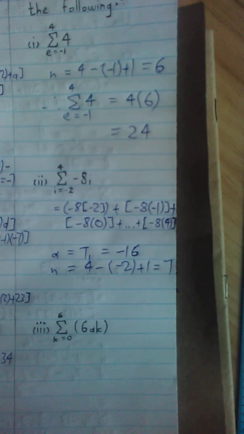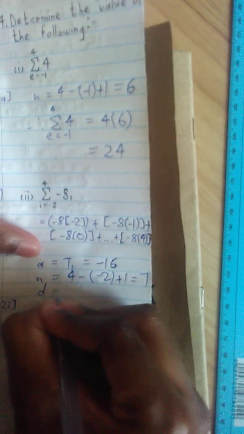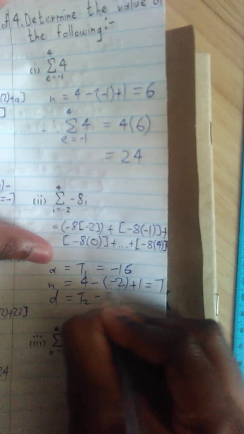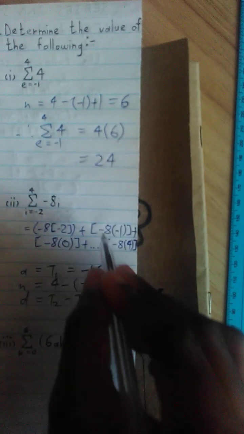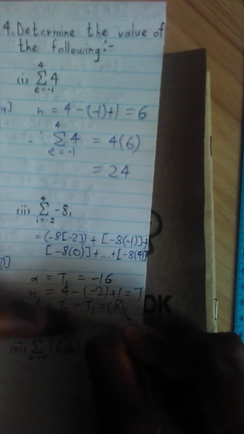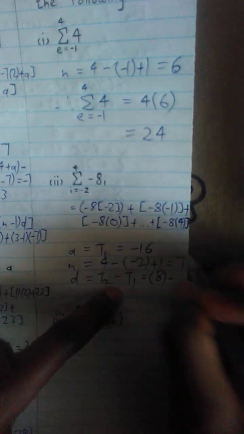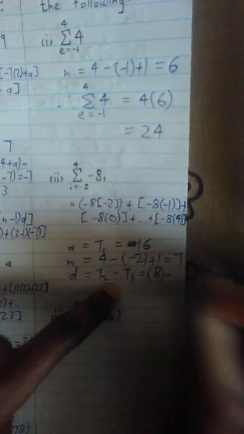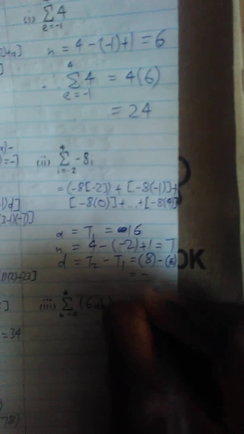Let's use d in this instance: T2 minus T1. T2 is negative 8 times negative 1, which is 8, minus T1. Sorry, T1 is actually 16, not negative 16, because negative times negative is positive, and 8 times 2 is 16. My mistake. So d is negative 8.